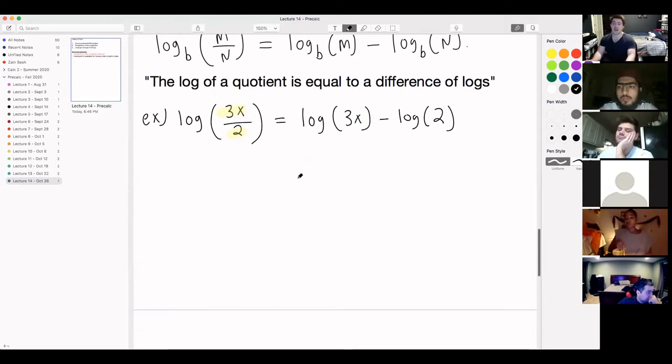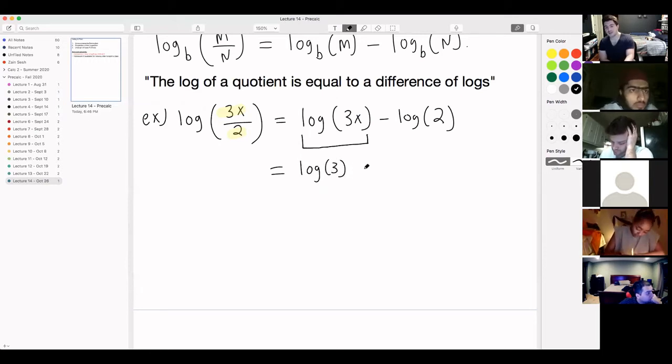Now this would be optional, but does anyone see that you could split this up a little further? The log of 3x is a product inside that input. So you can optionally use your product rule on that. That'll be log of 3 plus log of x.